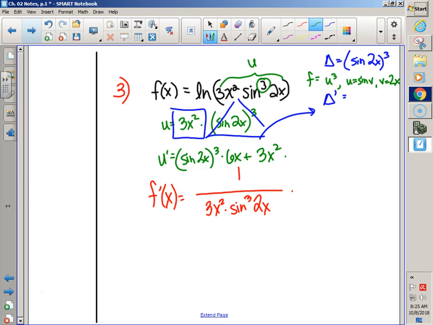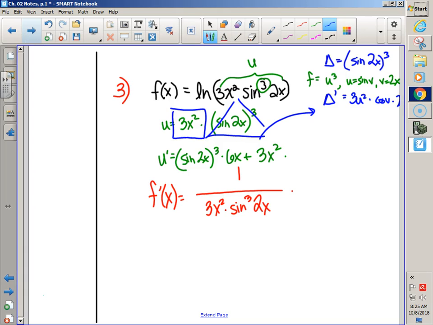Remember, how do matryoshkas work? Derive the outer, keeping the inner. So derive the outer. What's the derivative of this? Good, 3u squared. What's the derivative of this guy? Cosine v. What's the derivative of this guy? 2. So what does that end up being?